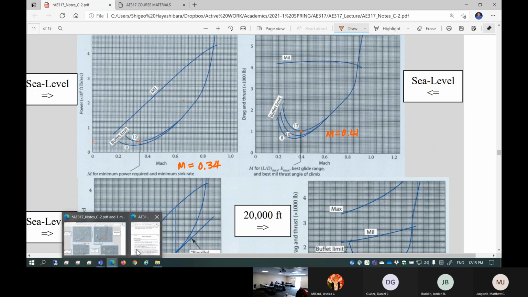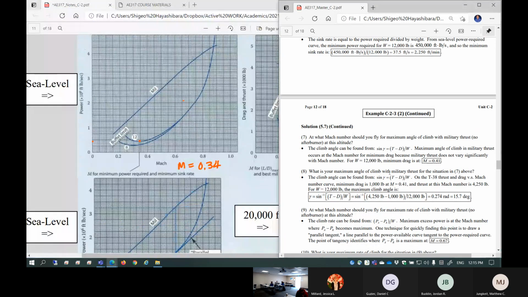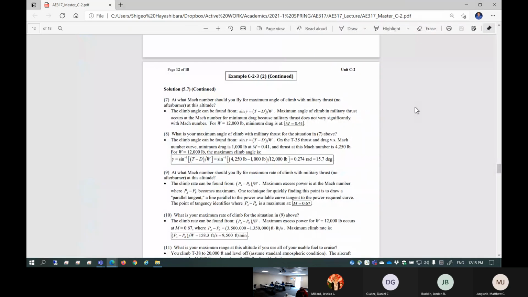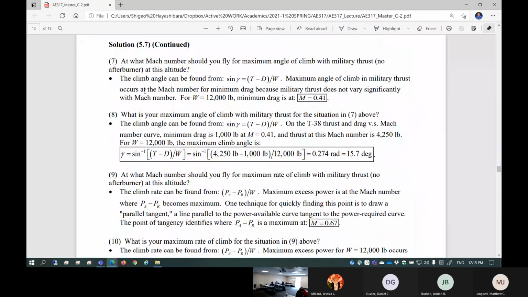And then the question is, what is the corresponding maximum angle of climb? That's question 8. So maximum angle of climb, let me just zoom right in. What is your maximum angle of climb?